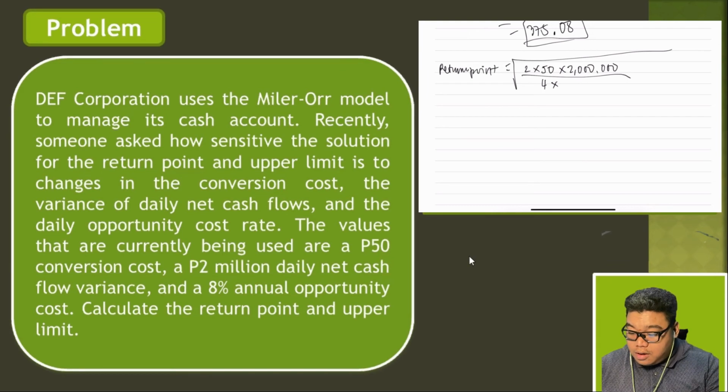So the annual opportunity cost is 8%, so that is 8% divided by 360.